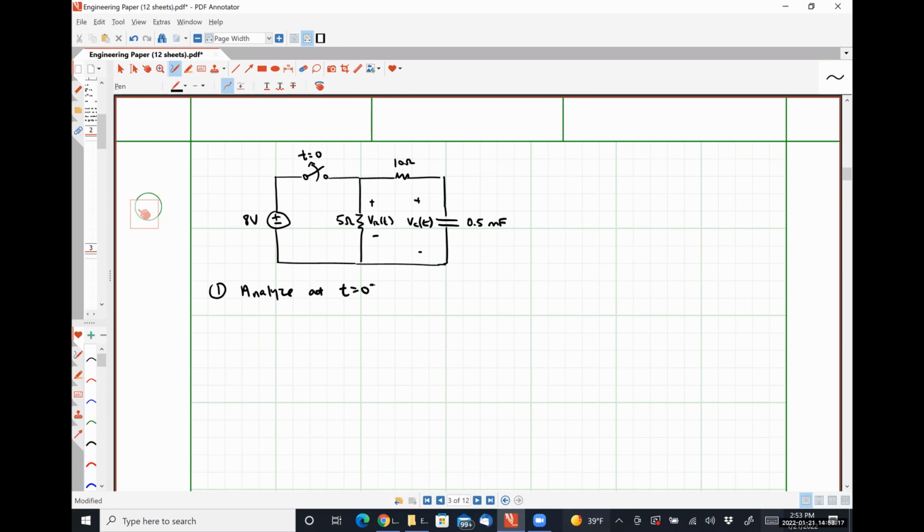So our first step is to analyze our circuit at t is equal to 0 minus. At t is equal to 0 minus, we are at DC steady state, which means our capacitor will look like an open circuit. So I'm going to go ahead and draw this over here.